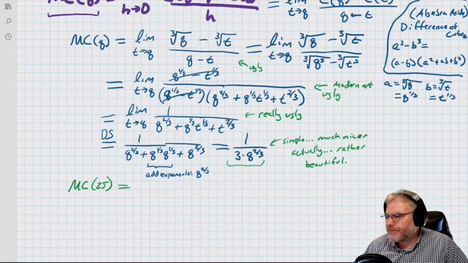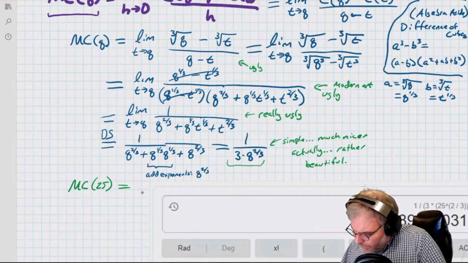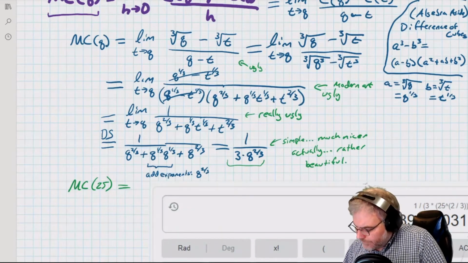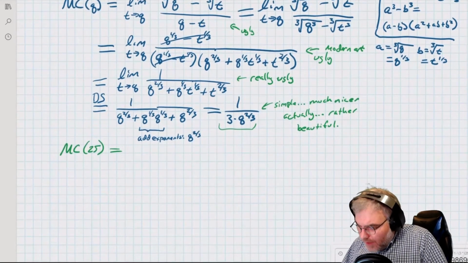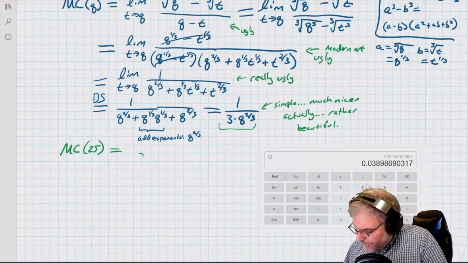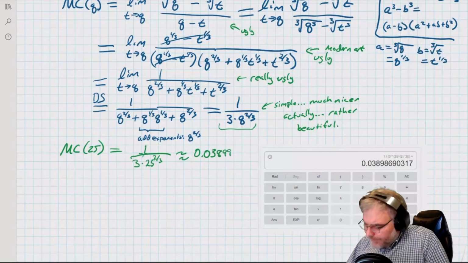So now my marginal cost is going to be 1 over 3 times 25 to the 2 over 3, which is about 0.038, and we'll give it another 9, and we'll give it a 9 there.